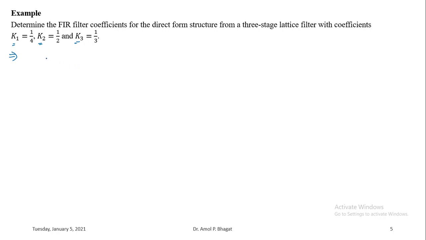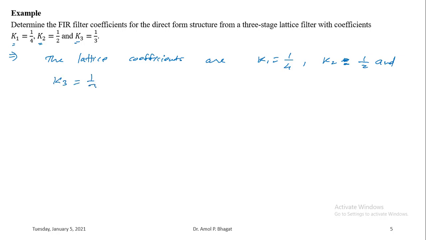So the lattice coefficients are k1 is equal to 1 by 4, k2 is equal to 1 by 2, and k3 is equal to 1 by 3. So you can obtain the lattice structure here.